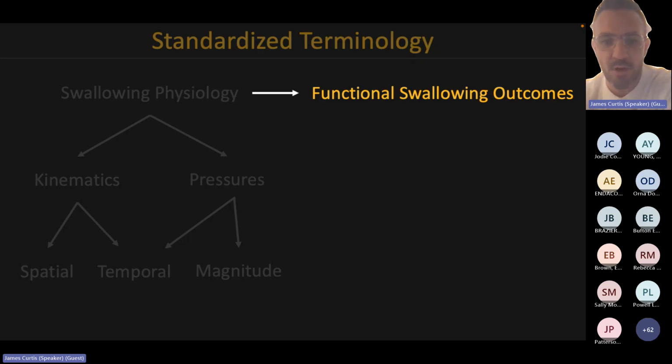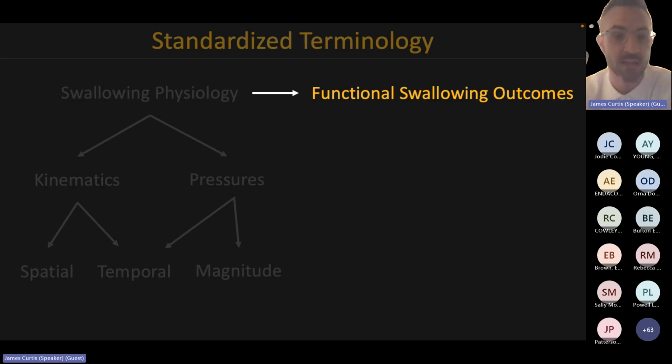Functional swallowing outcomes is a term that's being used more frequently, and it's really meant to refer to bolus-related outcomes. Again, this is not just a swallowing-specific term. When we think about movement sciences, any sort of movement, certainly there are physiologic aspects to these movements, like walking, but the point of movement is that it's goal oriented.